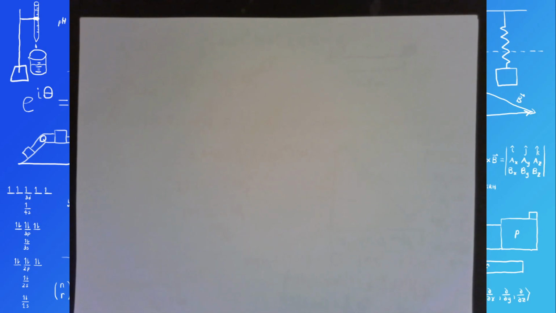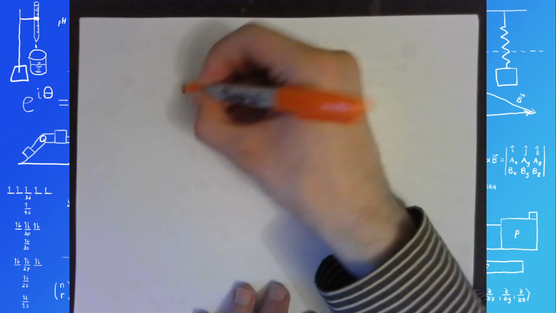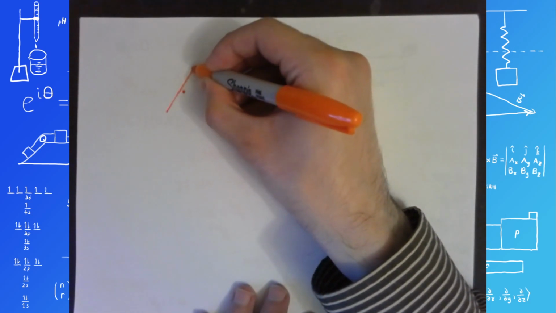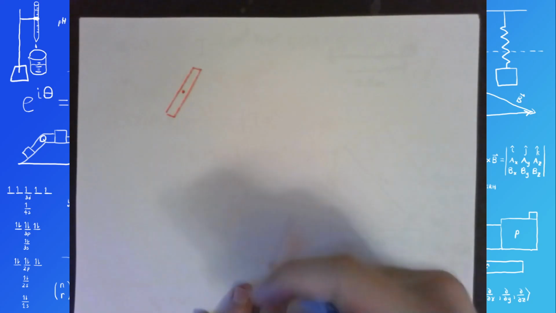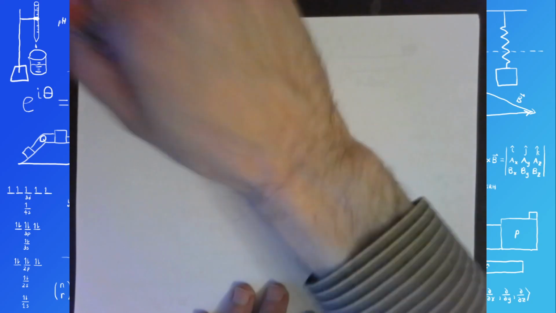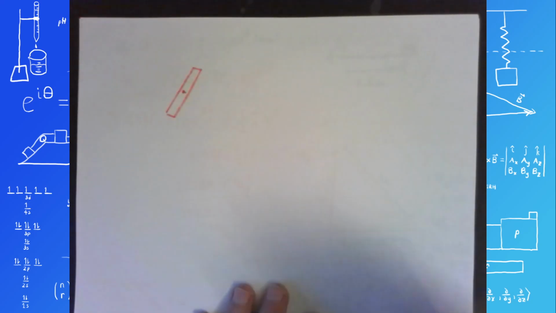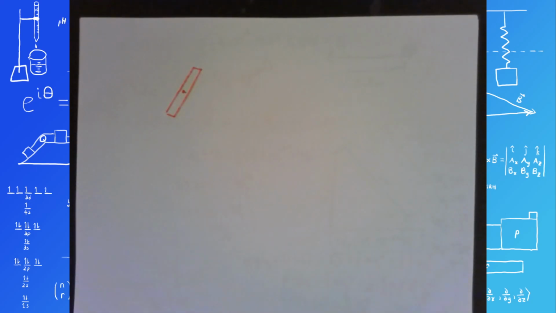Anyway, I'll read it again. So it's 1 meter, a light rigid rod 1 meter in length rotates about an axis perpendicular to its length. Axis perpendicular to its length just means it's going through the page.